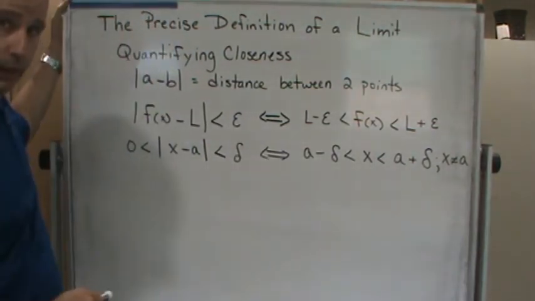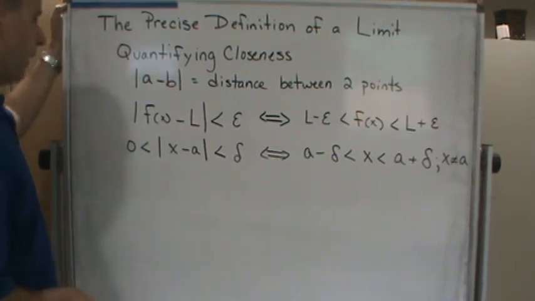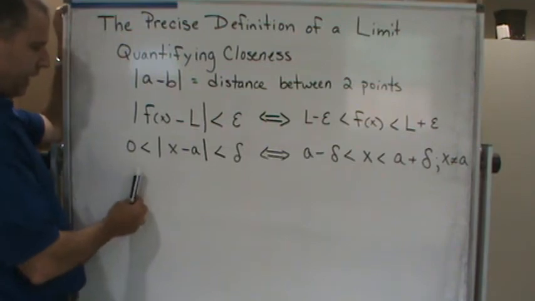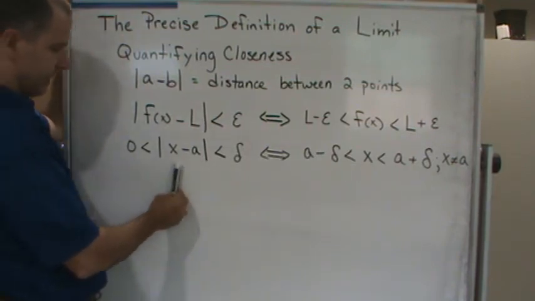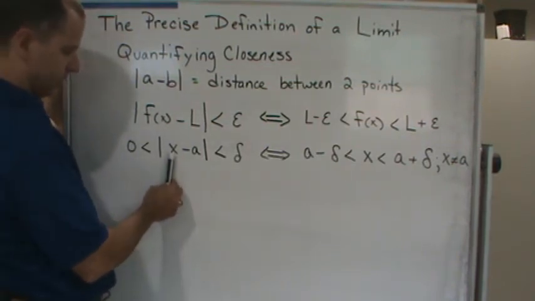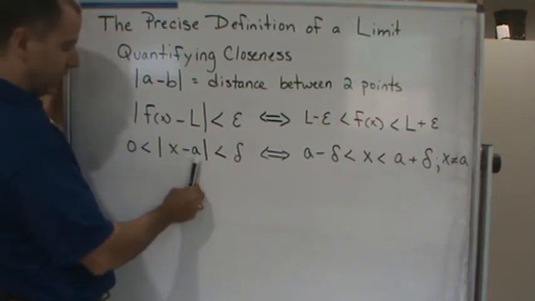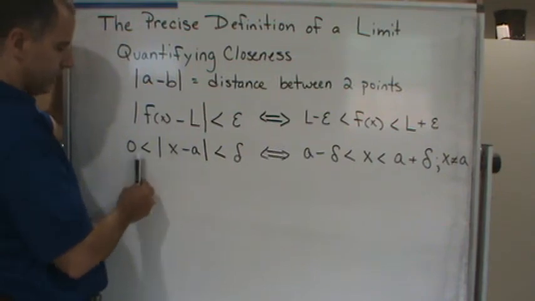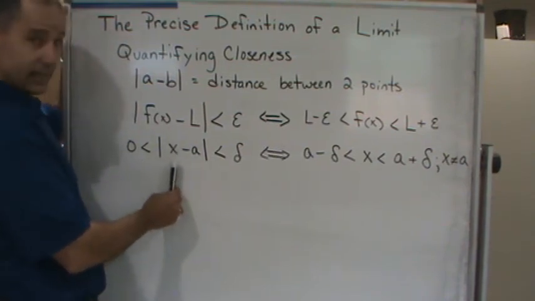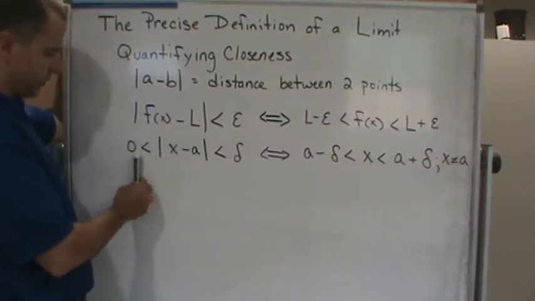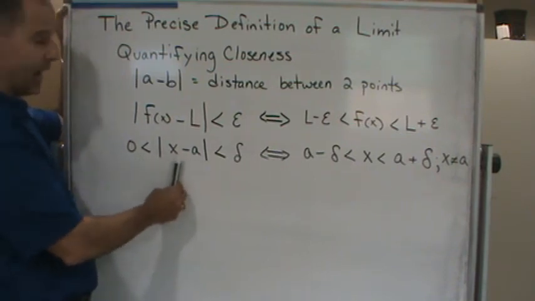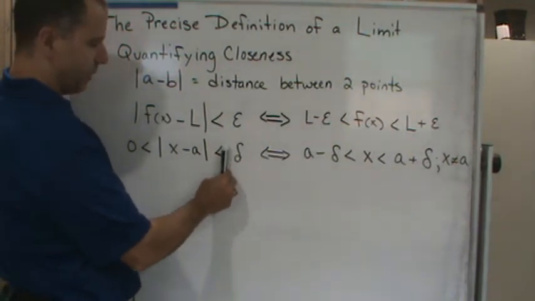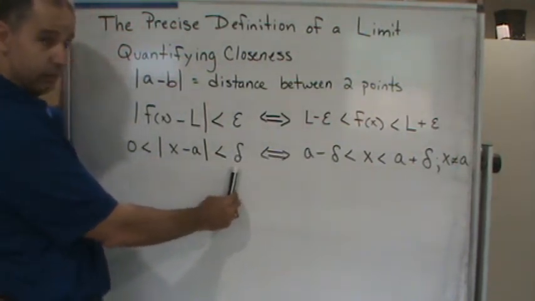Okay? And then we also have this symbolism here, which is saying that 0 is less than this distance, the distance between x and some real number a, which means x is not equal to a, right? So this part here is telling us that x is not equal to a, but we're also saying that this distance is less than some real number, delta.